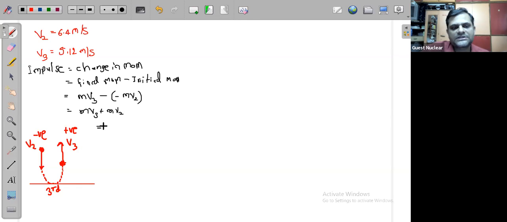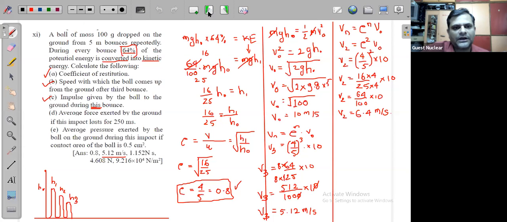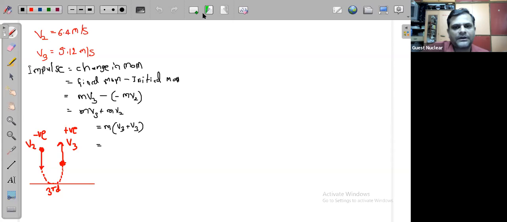So here we can take this m common, and what we are left with is v3 plus v2 in this bracket. And then m is given in the question. Let us see, 100 gram. Okay, 100 gram, so just put it here, but again, convert it into kilogram.